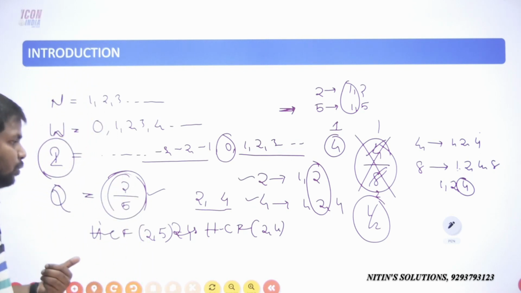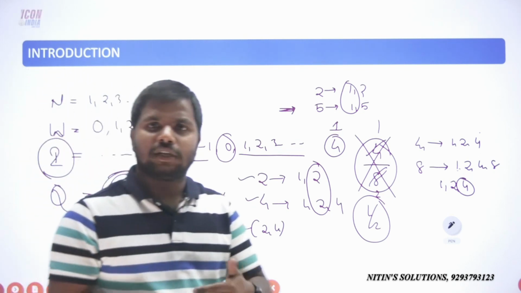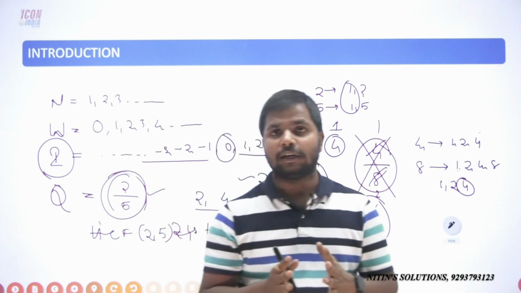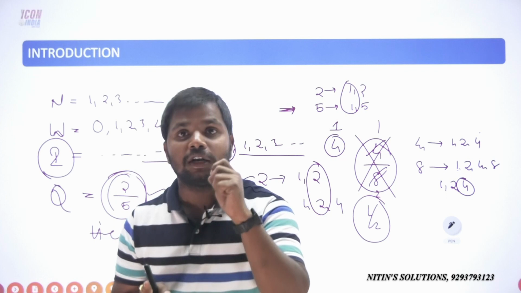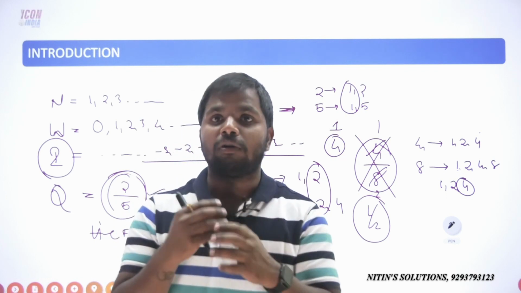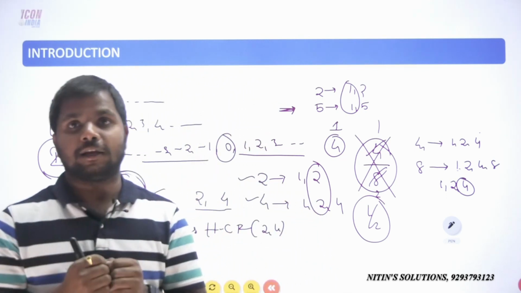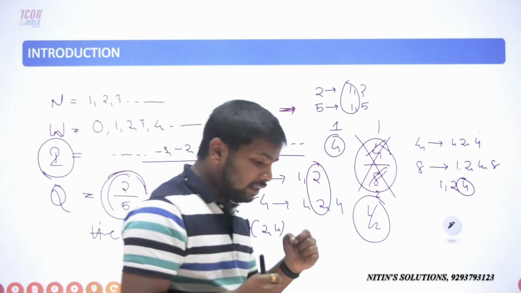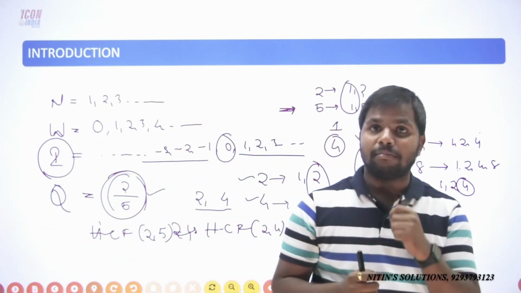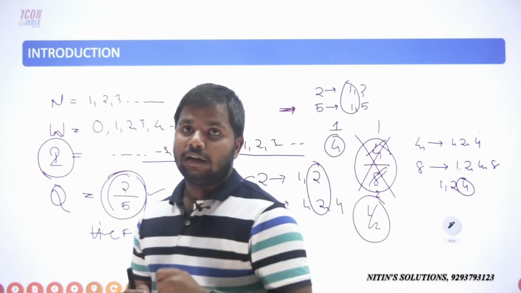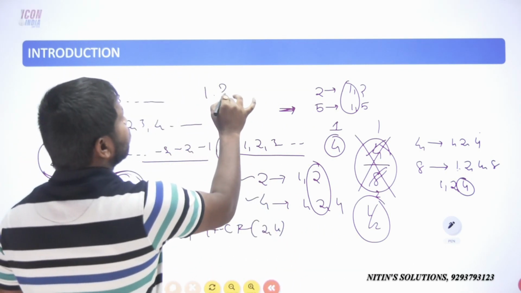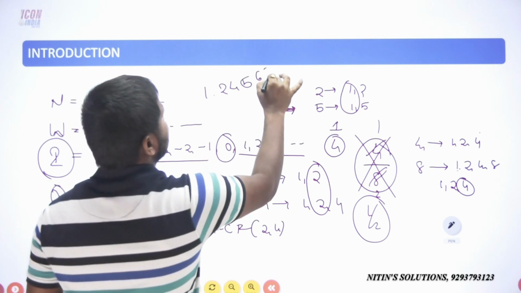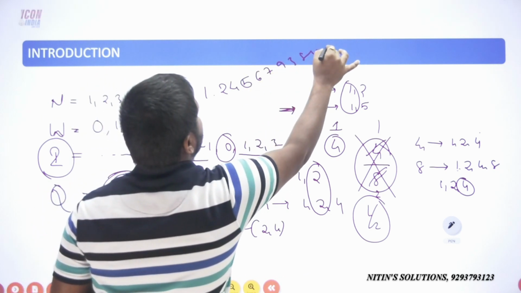Now, coming to the next one, irrational numbers. When it is not possible to represent a number on the number line, such numbers are called irrational numbers. Just now we discussed a number like 1.245679384 and so on.